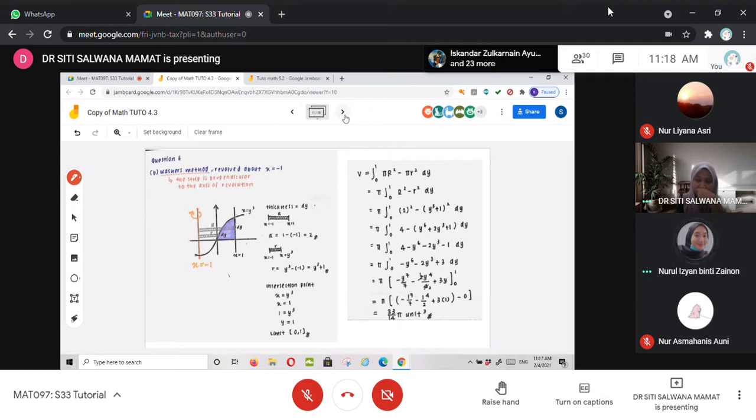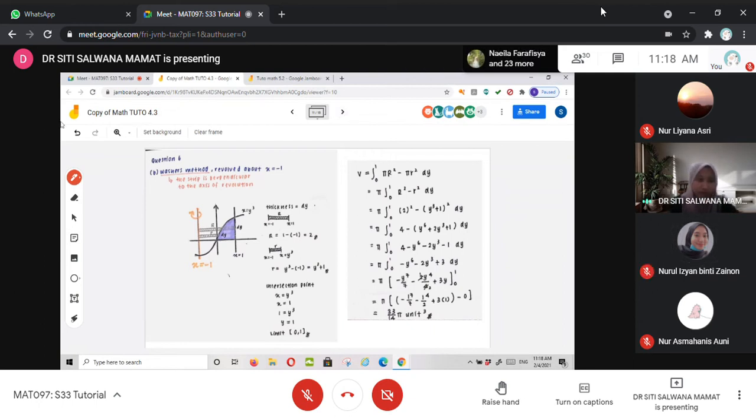So substitute the limit into the equation and then it will be -1 to the power of 7 over 7 minus 1 to the power of 4 over 2 plus 3 times 1 minus 0. And then the final answer will be 33 over 14 pi unit cube.